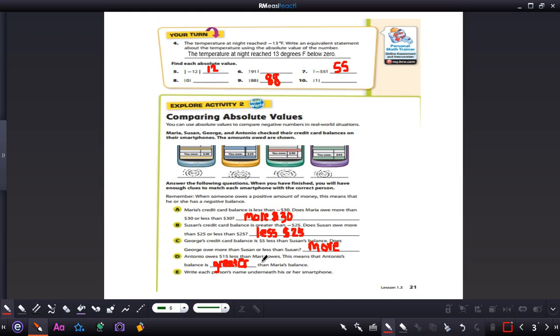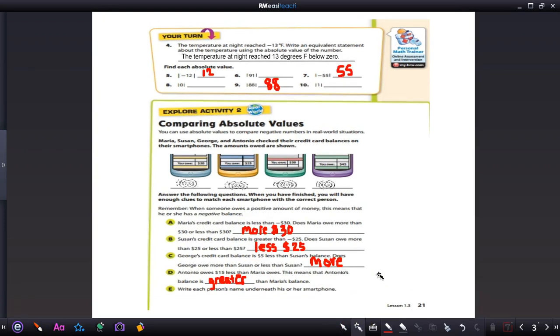Okay, so next thing we want to do for letter E, it says write each person's name under his or her smartphone. So based upon all these questions that we answered, we can see Susan owes $20. We can see George owes $25. We can see Antonio owes $30.